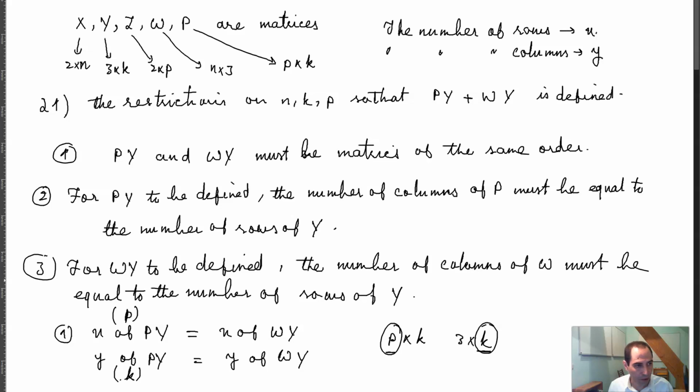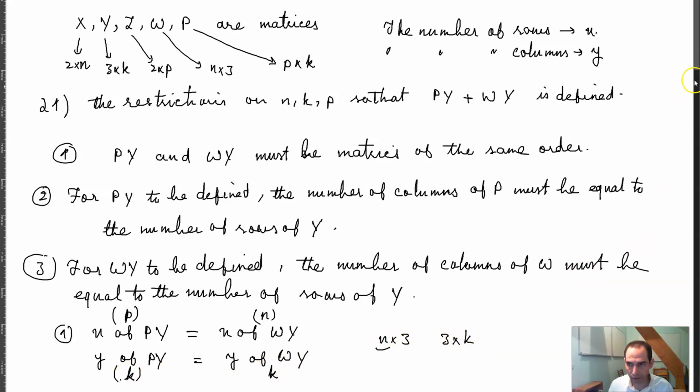Now WY, when you multiply W and Y, W is a matrix of the order n by 3, and Y is a matrix of the order 3 by k. Which means that the number of rows of WY would be n, and the number of columns of WY would be k, right?